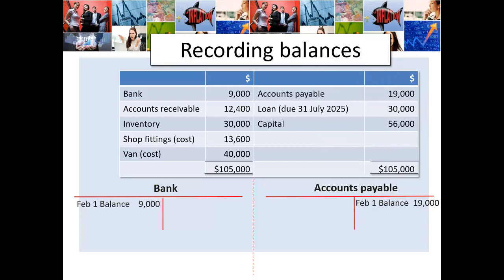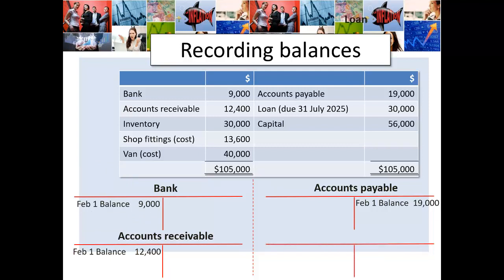Accounts payable has a $19,000 balance at the start of the month. Credit on the right hand side, normal nature. Accounts receivable, another asset, balance left hand side, the debit side. A loan, a liability, it's on the right hand side. There's a balance of 30,000. That balance is on the credit side.